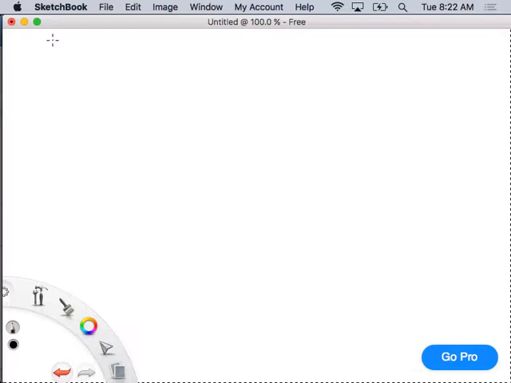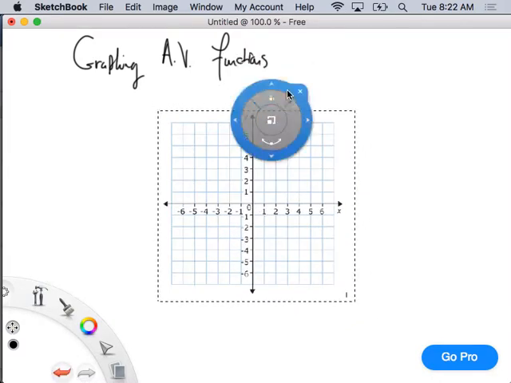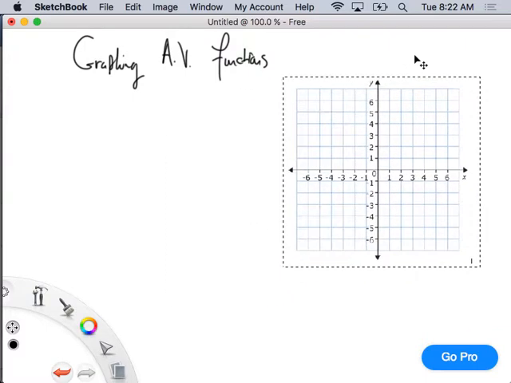All right, so 2.1 is graphing absolute value functions. Let's see if I still have it. Yes. Okay.